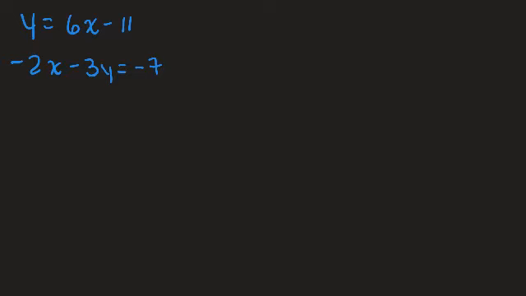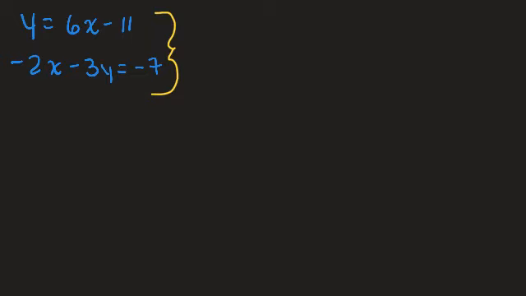I have a system. It's up here. It's 2 equations. A system can be 2 or more equations, but here I have a system of 2 equations, and I need to find out where they intersect. Where do they meet? What is the solution?